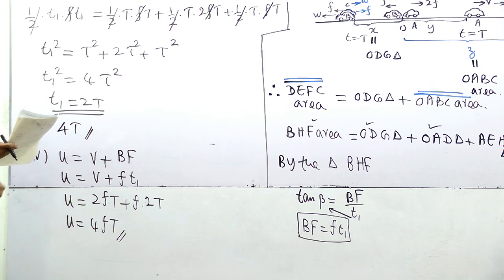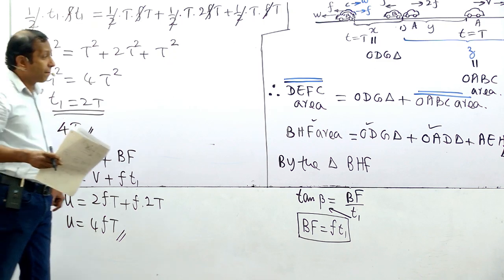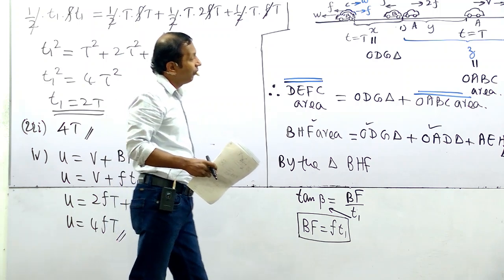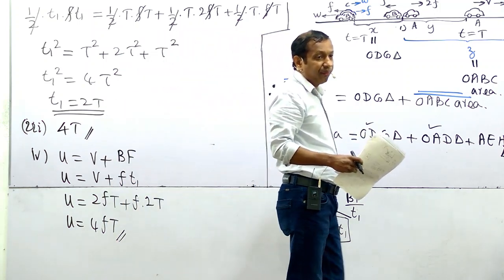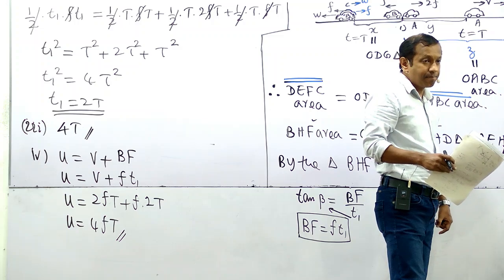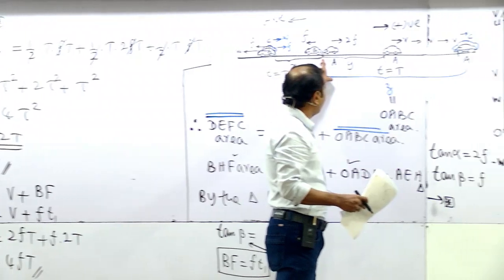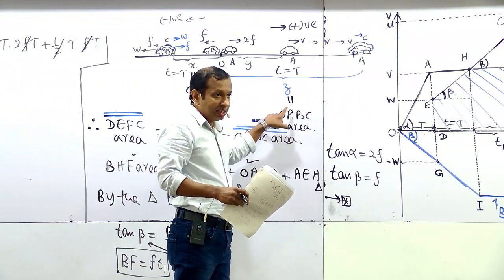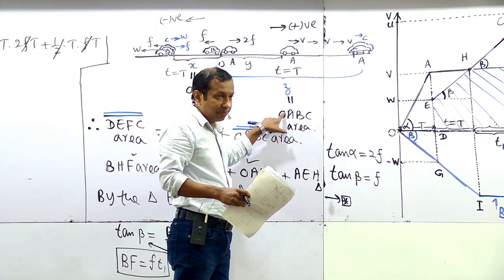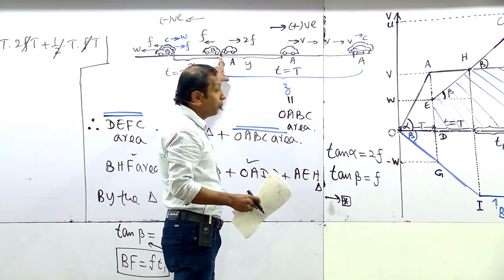When C overtakes A, find the distance between A and B. People, now, when C overtakes A, A has moved from O away, a distance given by the OABC area. Then B has moved leftward, no?